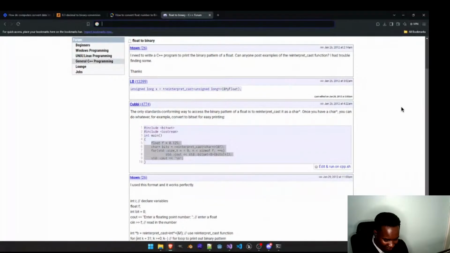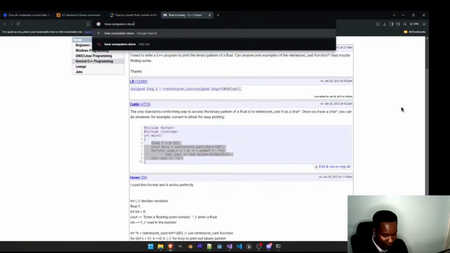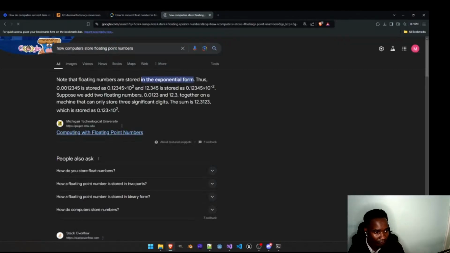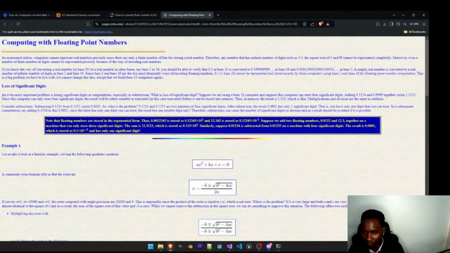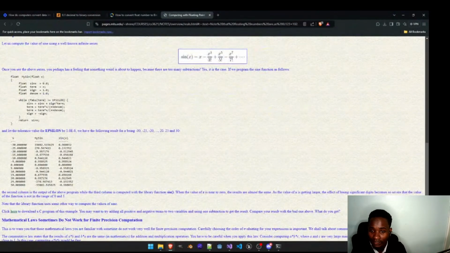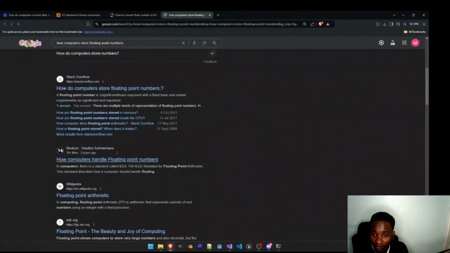Let's see how computers store the floating point numbers. Okay, let's see this one.